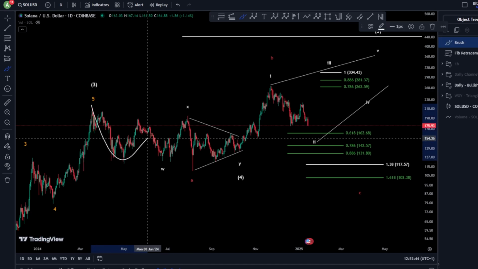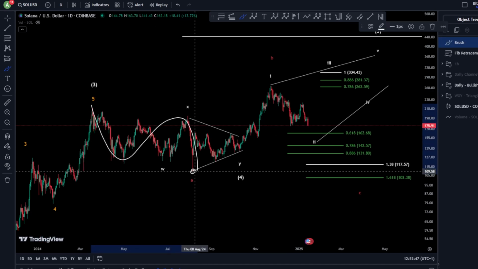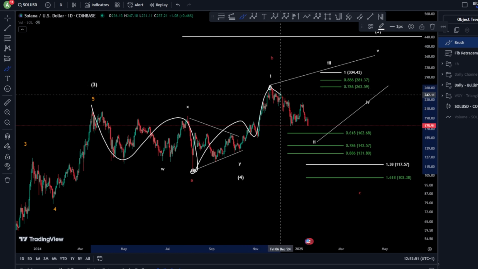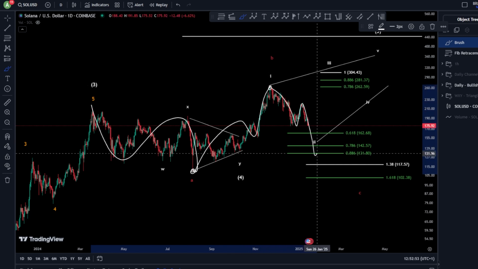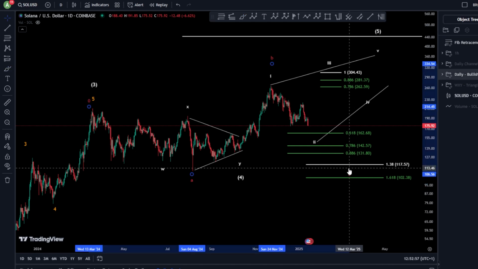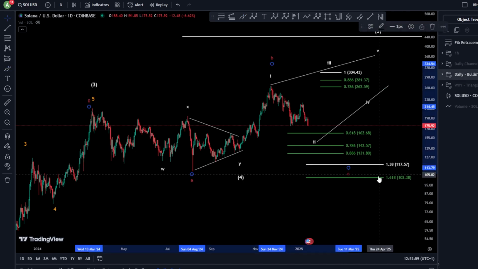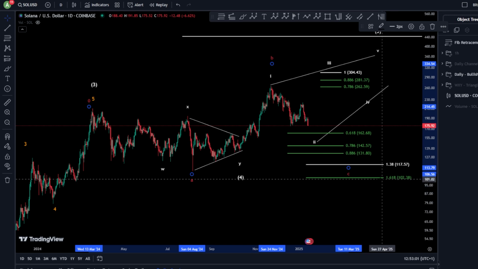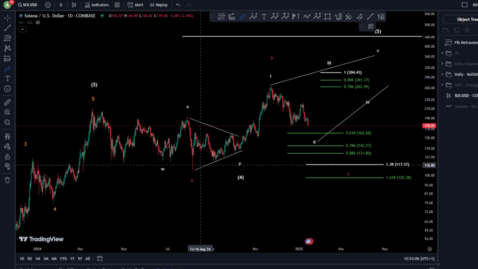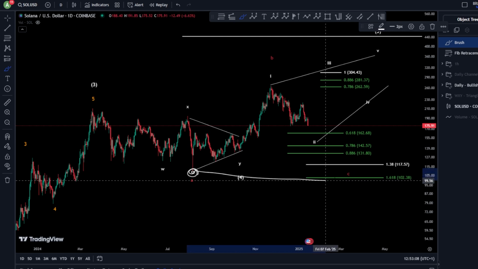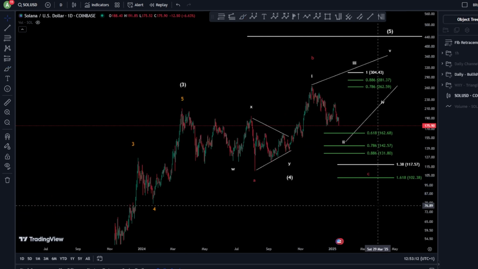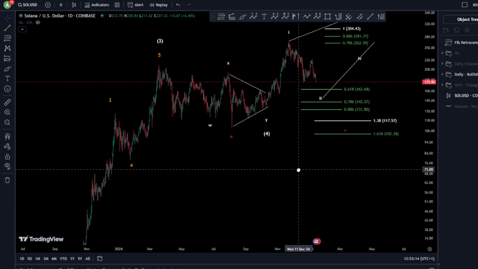Meaning you are looking at an ABC here for 3 waves down, and then 3 waves up for your wave B, and you are looking for a 1, 2, 3, 4 and 5 wave C toward the downside, reaching the 1.38 and 1.618 again. And you would like to get a new low here, which is the only fib level at 1.618 at 102 for Solana.